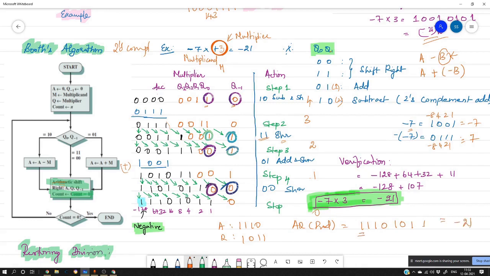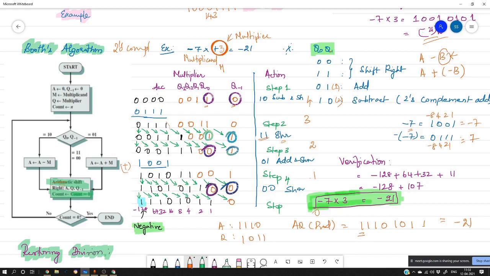If the last bit is 1, then it means it is a negative result. You can apply the place values and check whether it works out to be minus 21, which I have done here to verify. It is minus 128, and starting from the right: 1, 2, 4, 8, 16, 32, 64 and 128. In the minus 128 place there is 1, so I take minus 128.